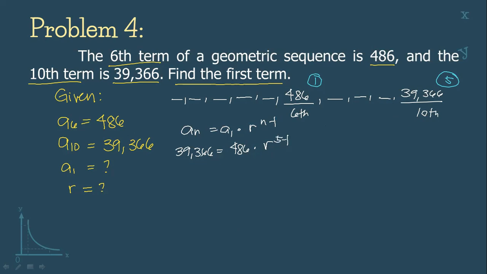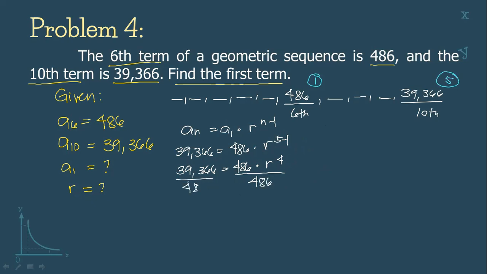So, ang masasolve po natin dito is si 5 minus 1, because we have the exponent. So, we have 39,366 is equal to 486 multiplied by R to the 5 minus 1, that is 4. So, ang next po natin is we need to isolate the R. Kasi po siya po yung goal nating hanapin muna. So, to do that, we can divide both sides by 486.